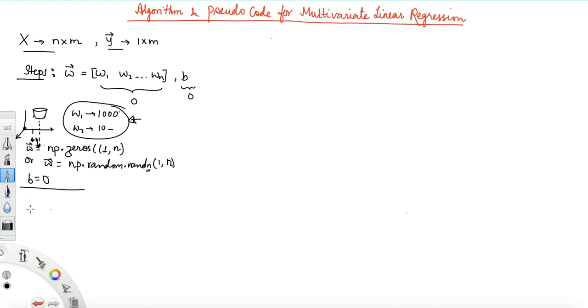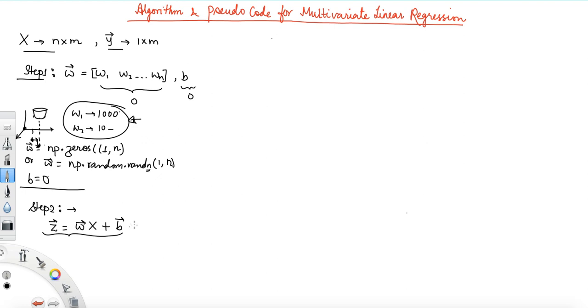This is step 1. Let's discuss step 2. Step 2 is, once we have initialized w vector and b, then we are going to find z vector, which we have already derived as w vector, the matrix multiplication of the weight vector with the matrix x, that is the design matrix, plus b, that is the bias vector, right?